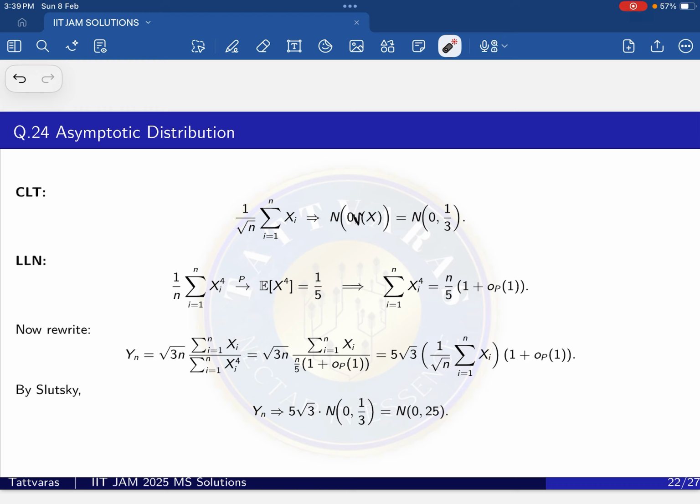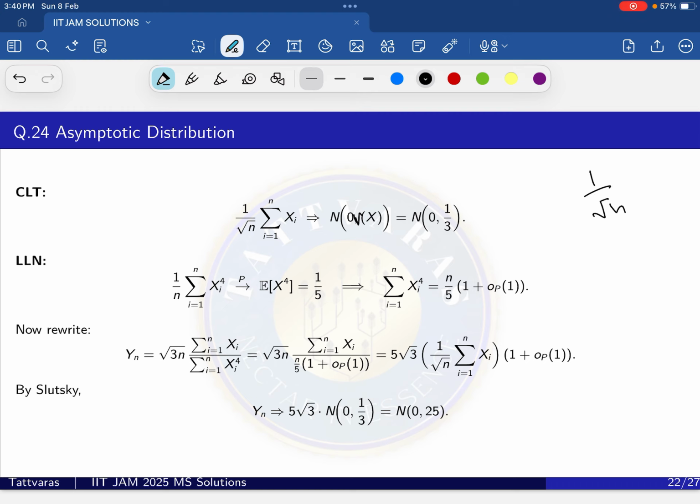You can write it like this, however it's not necessary. There are two ways. Either you write like this, or you essentially write it as 1 over square root n, and then there will be square root 3 into n times something.